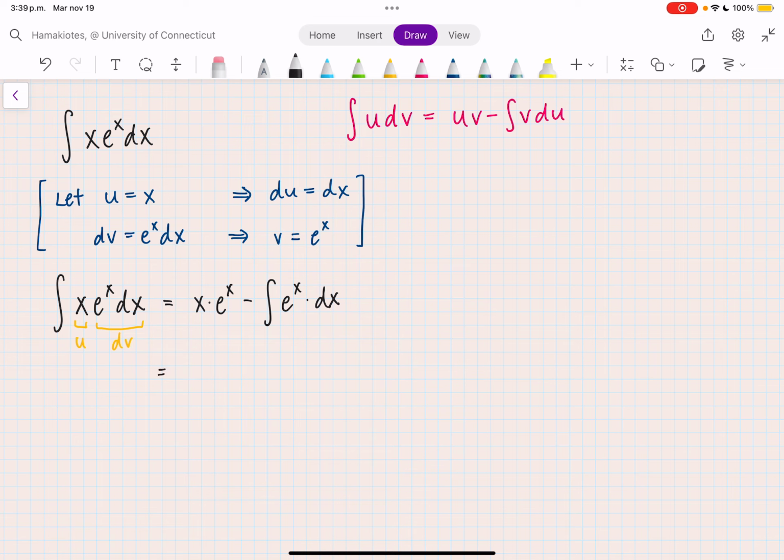Now we can simplify, so we have x e to the x minus the integral of e to the x dx, which we saw is just e to the x, and since this is an indefinite integral, we add c. And that is our final answer.